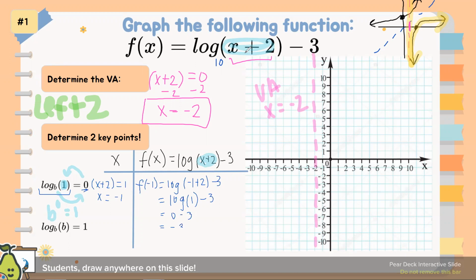So we get the point -1, -3. And that's the point that we're going to plot on our graph. So x is -1, y is -3. We have that point right here.